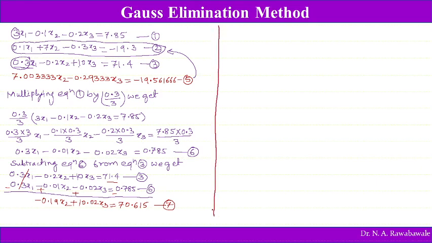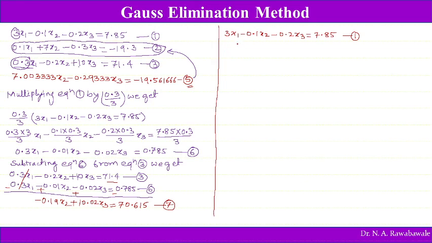The first equation we write as it is, 3x1 minus 0.1x2 minus 0.2x3, which is equal to 7.85. Equation number 1 remains as it is. So in place of equation number 2 we are going to replace it by equation number 5.